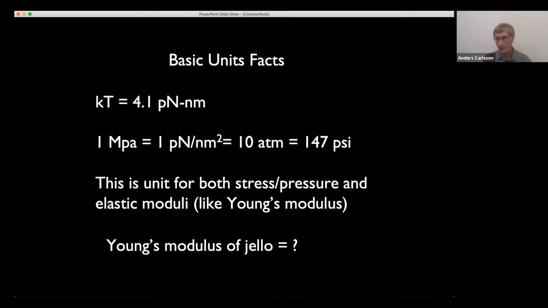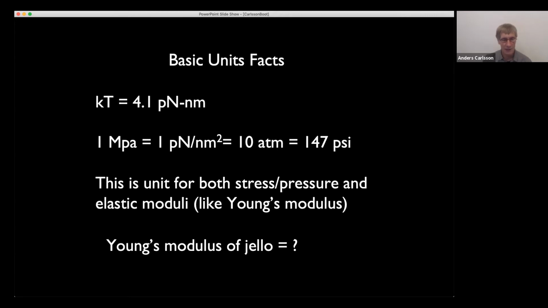And it turns out that in mechanobiology units, this works out to about 1 piconewton per square nanometer. So if you had a lot of filaments impinging on a membrane, each of them exerting a force of a piconewton, and there was 1 per square nanometer, they would be exerting a pressure of a megapascal. And pascals, megapascals, and so on are the unit for stress and pressure, and also for elastic moduli, like the Young's modulus.